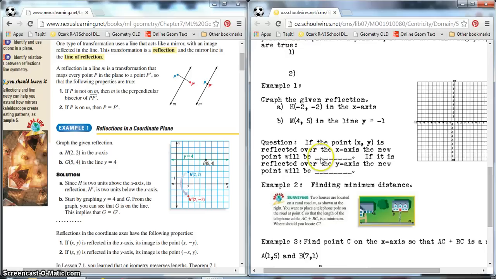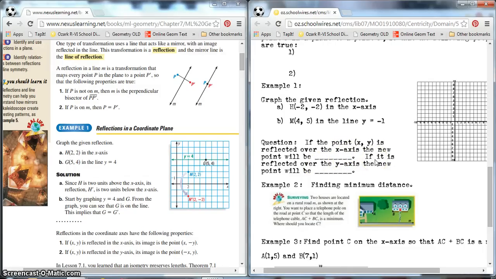So in general, the x stays the same, but the y becomes negative y. So I want you to make an ordered pair just like this, and the x is going to stay the same, but then you're going to put a negative y in this spot, and that's what goes in this blank: x comma negative y with parentheses around it, because the x stays the same, but the y is opposite.